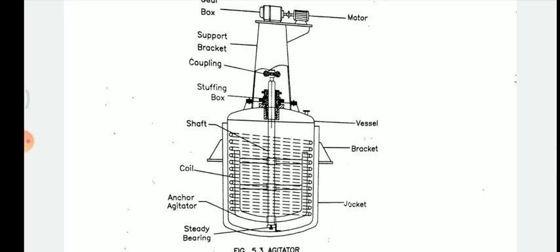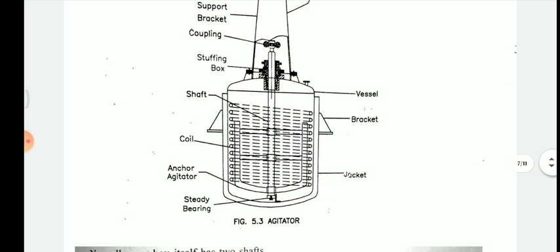The coil is generally for a heating medium or a cooling medium supplied to the liquid inside the vessel. The next one is the agitator anchor, a type of agitator. This one is an anchor, and a steady bearing.